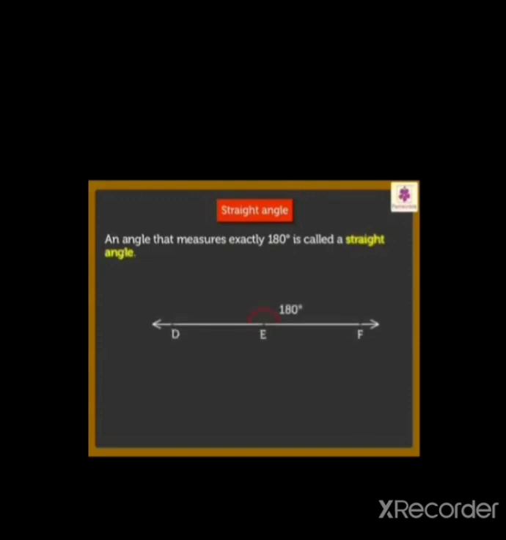Next is straight angle. An angle that measures exactly 180 degrees is called a straight angle. Here, angle DEF measures 180 degrees. So, angle DEF is a straight angle. And the last one is reflex angle.